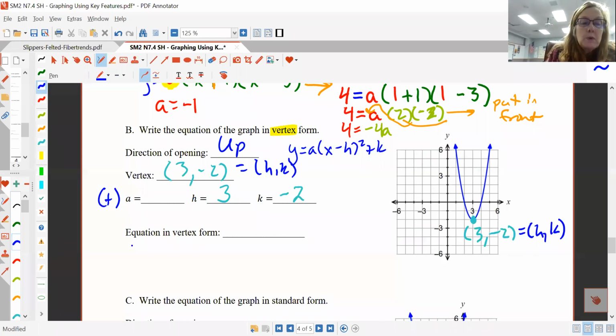What I know about my equation so far is that I don't know a. I do know x minus 3 squared minus 2. Note that h is +3, so when I put it in, it comes in opposite.